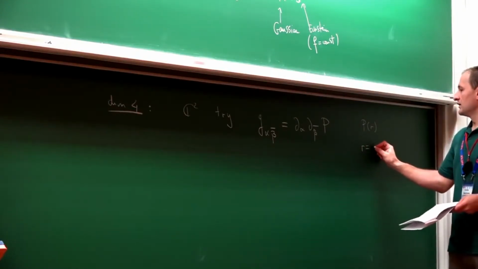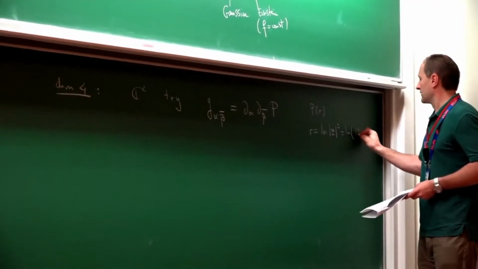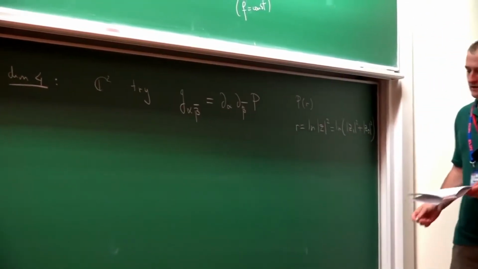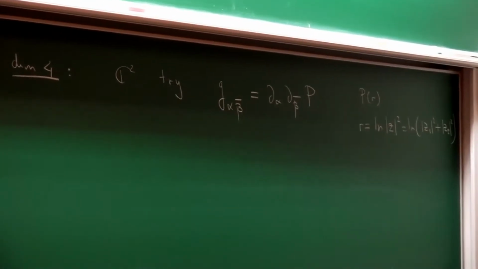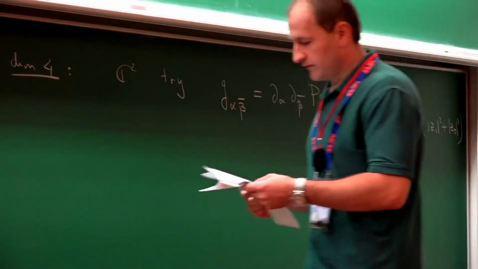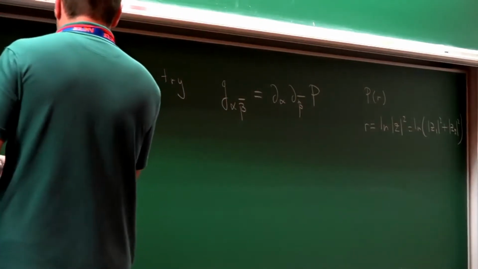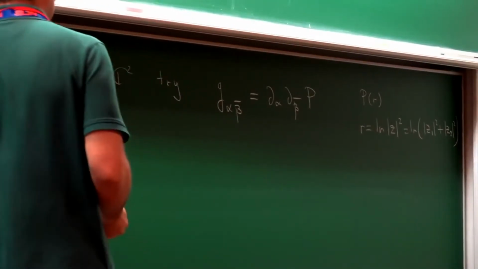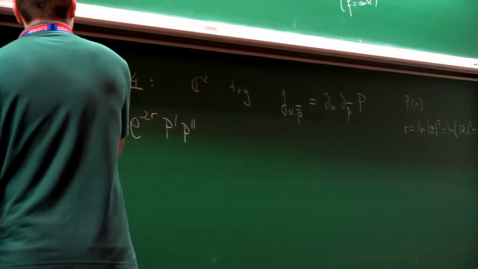R here is log of |Z|^2. So that's the notation. And in Kähler geometry, of course, you have very useful formulas. What you need is determinant of G is e to the negative 2r, P prime P twice prime. That's a computation. So it's something you can get from here.